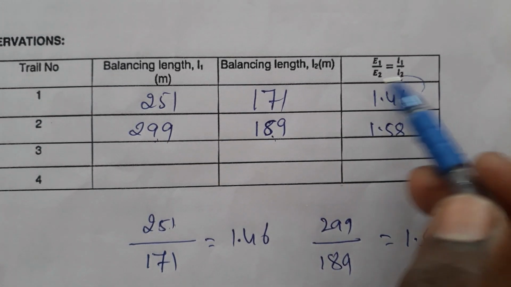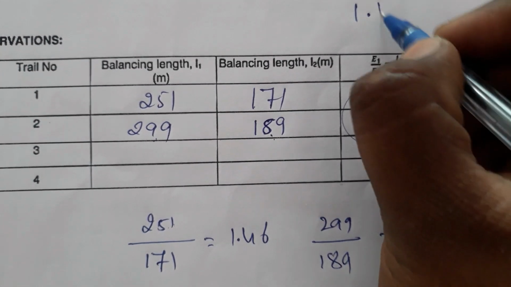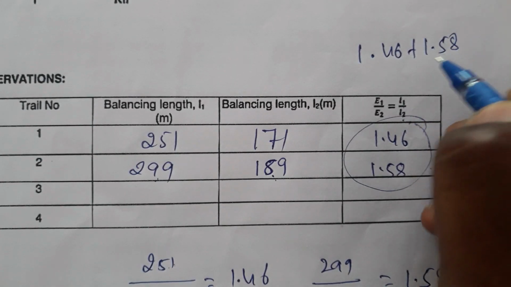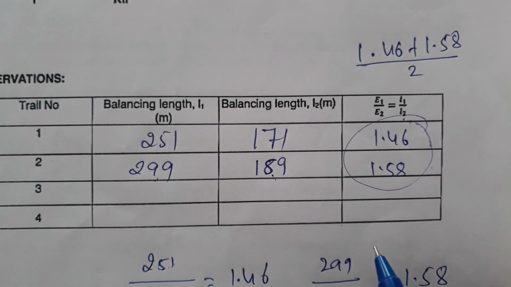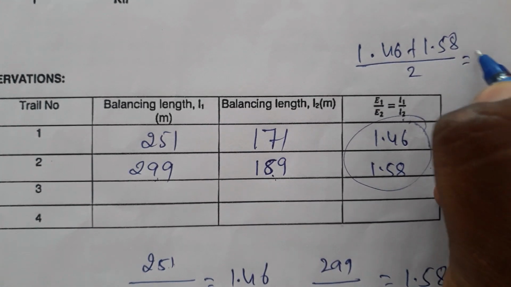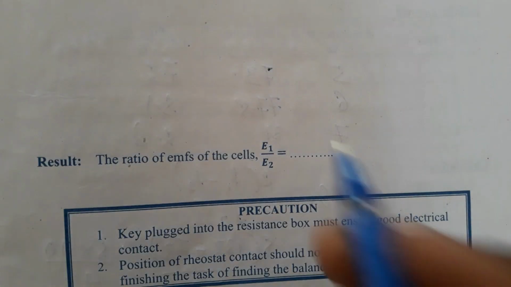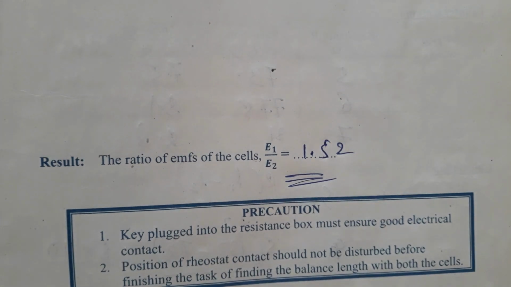So after that, add these two: 1.46 plus 1.58, all divided by 2. What do we get? The average answer is 1.52. Enter it into the result: 1.52. That's all. Thank you guys.